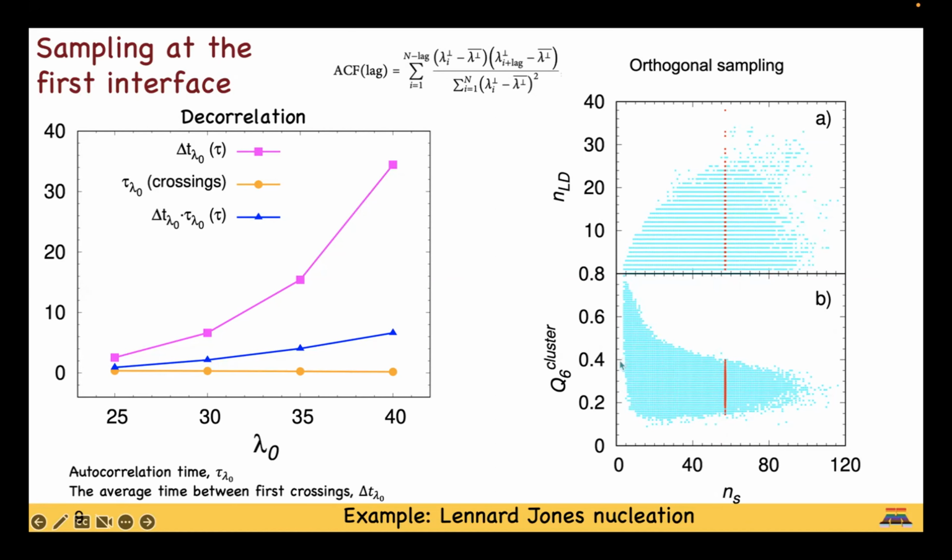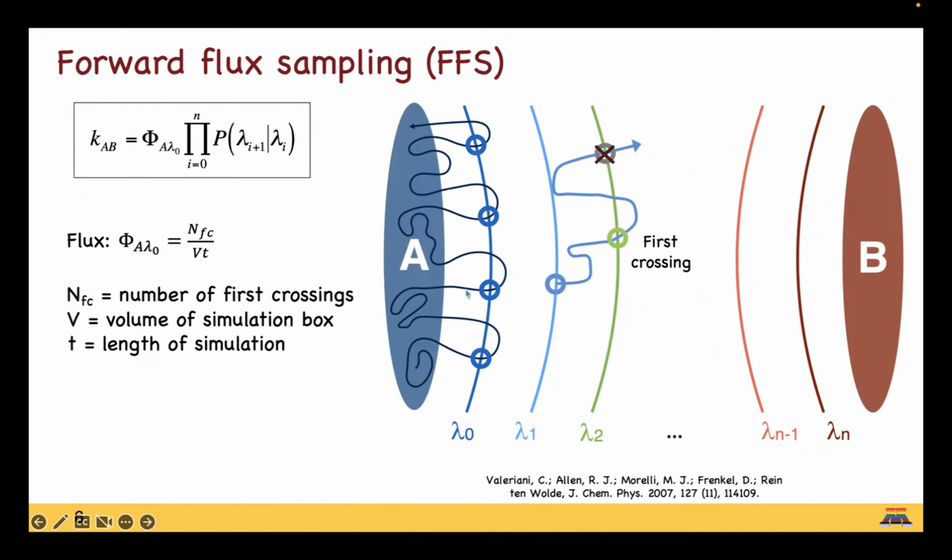The other thing that you want to make sure of is that the configurations that you get at the first interface are decorrelated. And so we're back to this question of decorrelation. So if you remember here, when I was talking about picking these first configurations, you can imagine that what might happen is that you end up in a trajectory which does this, right?